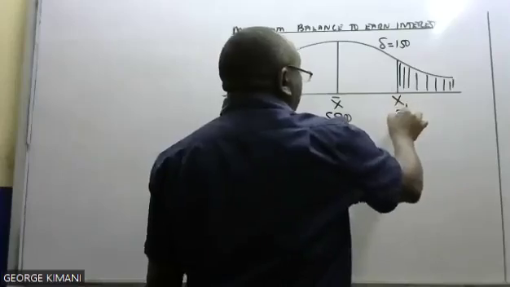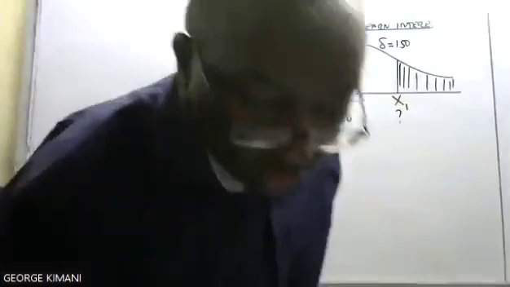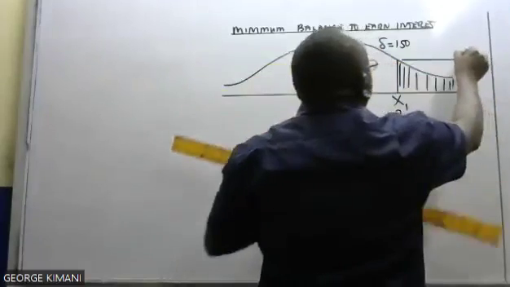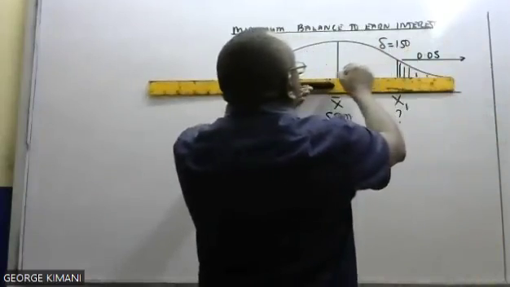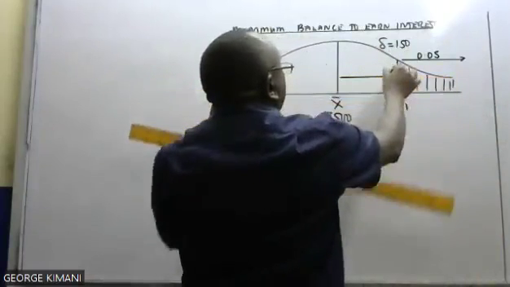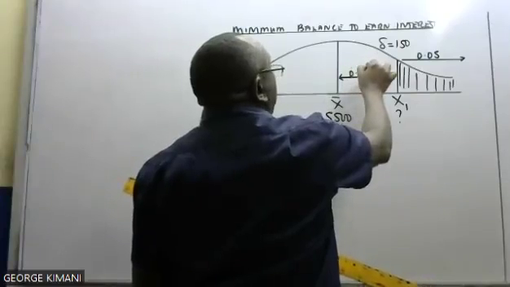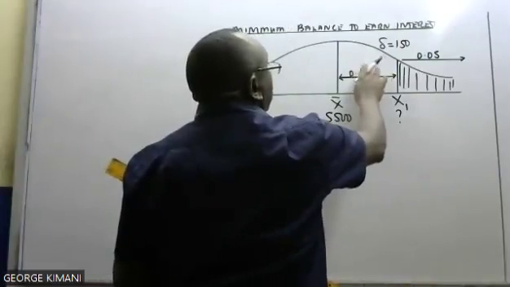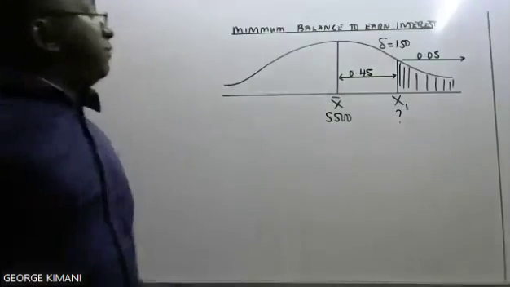So this X1 is unknown. But we are told we only want to pay interest to 5%. So if you are told this one is 0.05, it then tells you that this gap is 0.45.